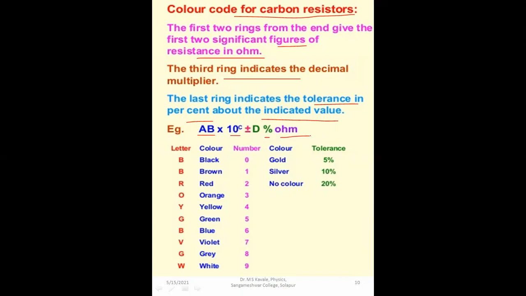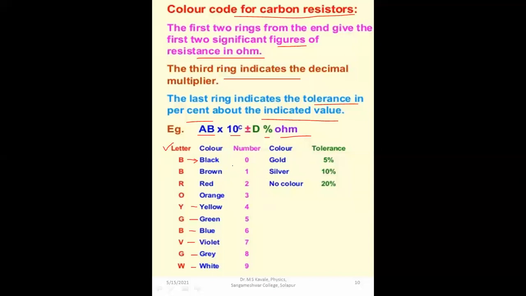Okay, so you have to remember the letters present on the body of the resistor, that is B B R O Y G B V G W. Okay, first B stands for black color, then brown, red, orange, yellow, green, blue, violet, gray, and white.